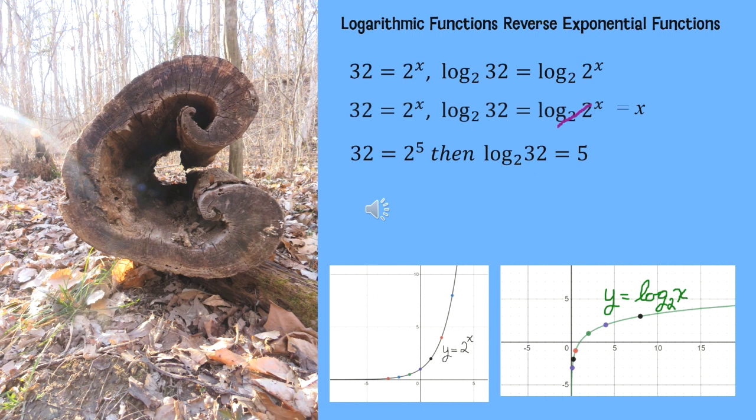So in this case, if 32 equals 2 to the x, the exponent had to be 5, therefore log base 2 of 32 equals 5. Again, the log notation is just the made-up vocabulary that means the inverse or reverse of an exponential function.